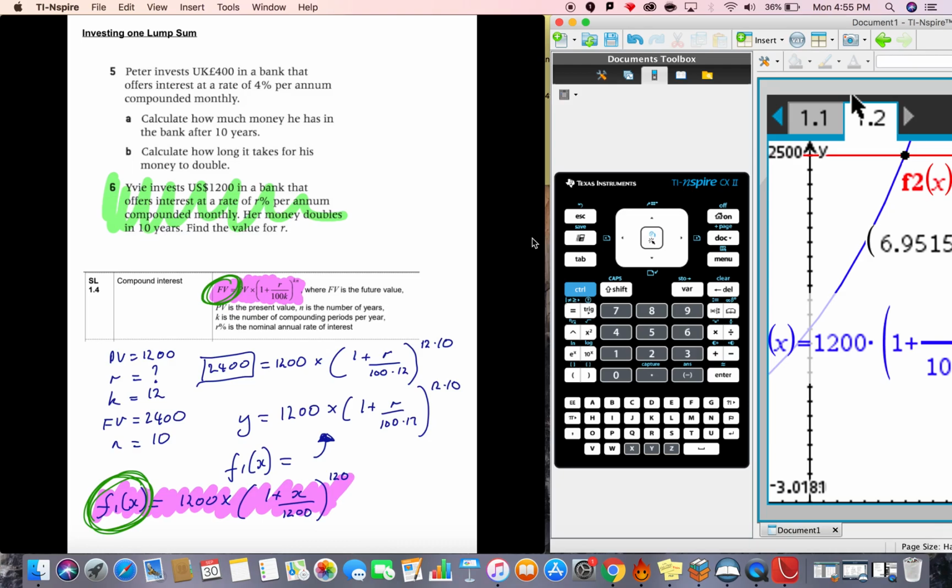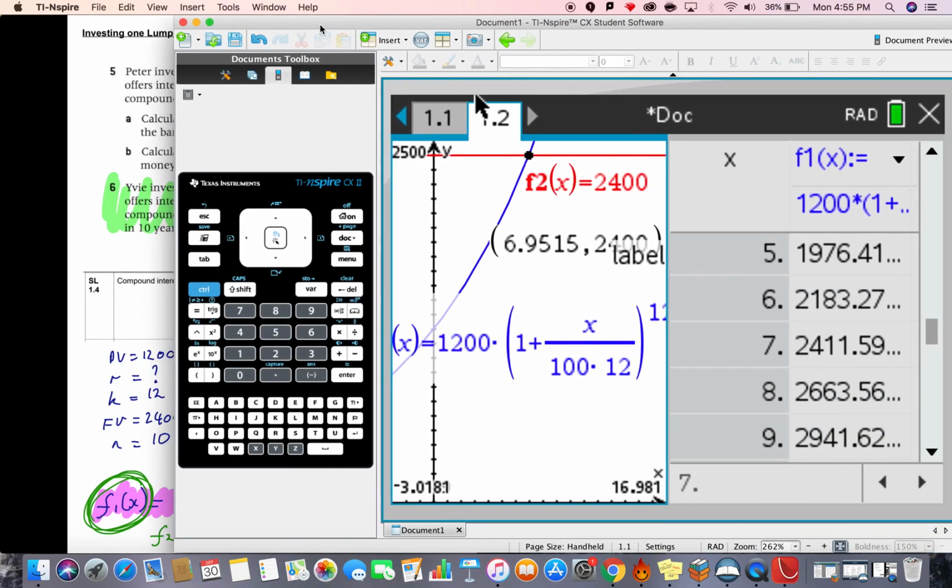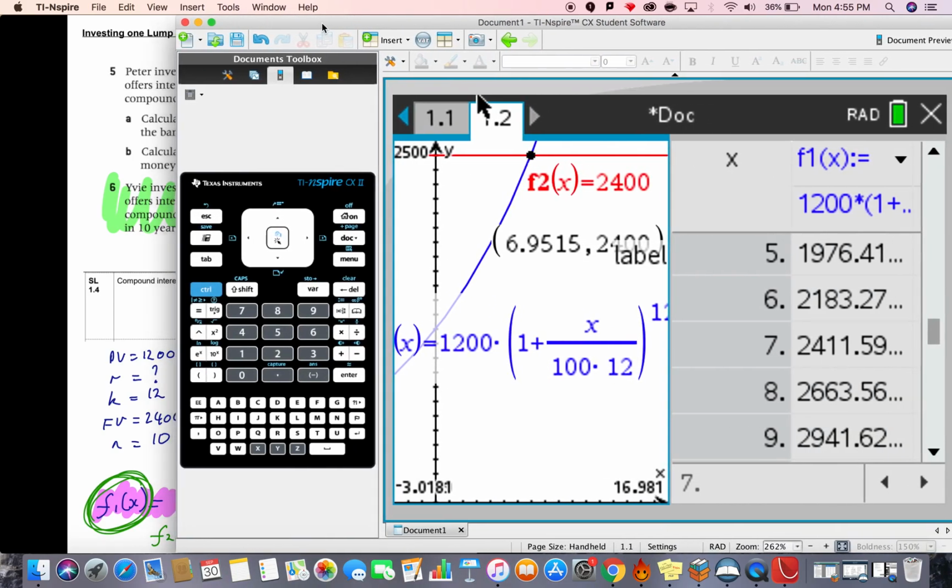We want to know when the graph has a final value of 2,400. So we plotted f2 of x equal to 2,400 and found where graph 1 intersects graph 2. We had to change the scaling on the graph to find that point. But if you do Control T, you get that nice table of values, which really helps you zoom in on what the correct value might be.